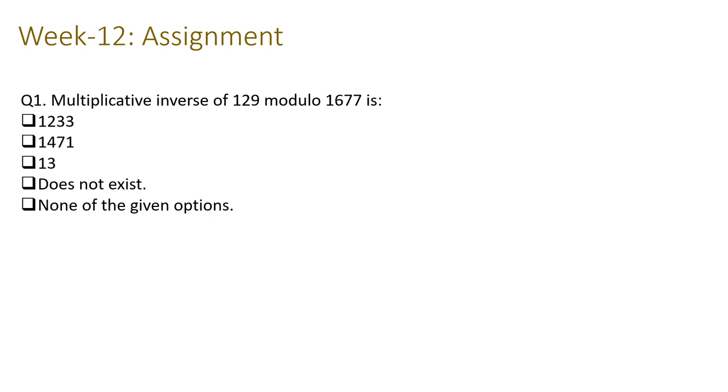So basically, as you can see, 129 divides 1677, right? So this number is divisible by 129, and that means the GCD of these two numbers is 129.